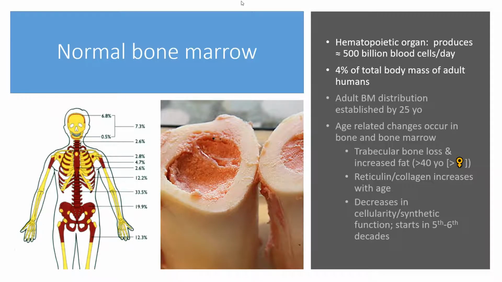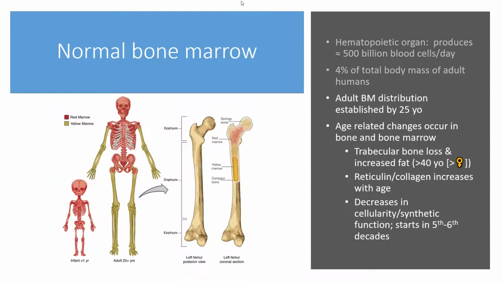Now we know that bone marrow makes up about 4% of the body mass and is incredibly active hematopoietically. The normal bone marrow is established by about 25 years, with red marrow being in the axial skeleton.